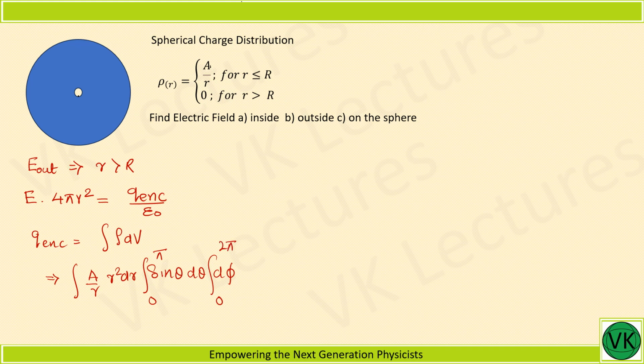This accounts for 4 pi. Now this is integral A by r, sorry, A into r dr. So this is 0 to capital R, since it is outside. So 4 pi will be outside.